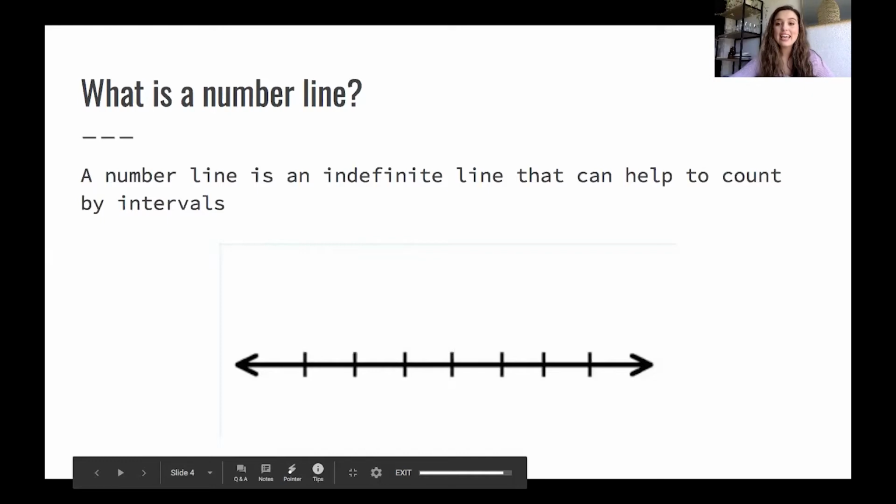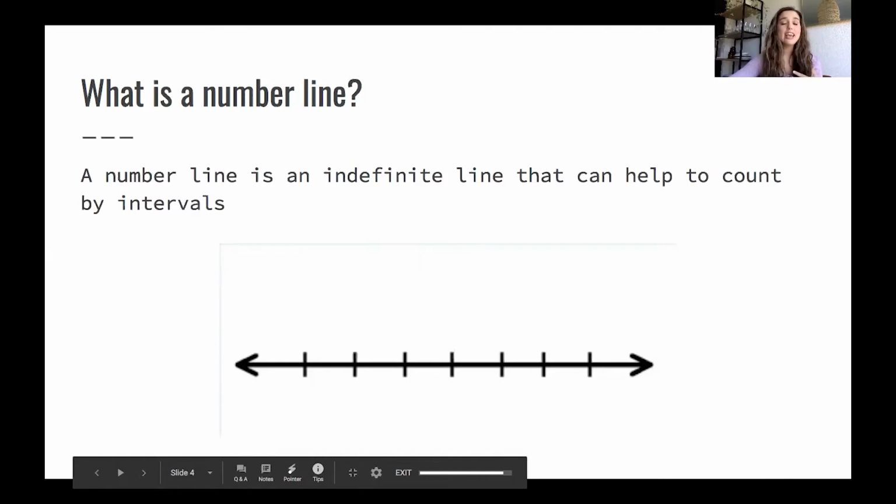And when it says it can help you count by intervals, that just means you can label your number line by ones. So you could write 1, 2, 3, 4, 5, or you could number it by fives, 5, 10, 15, 20.